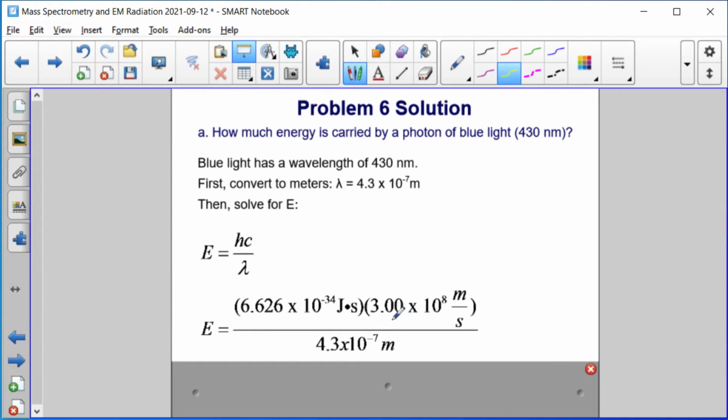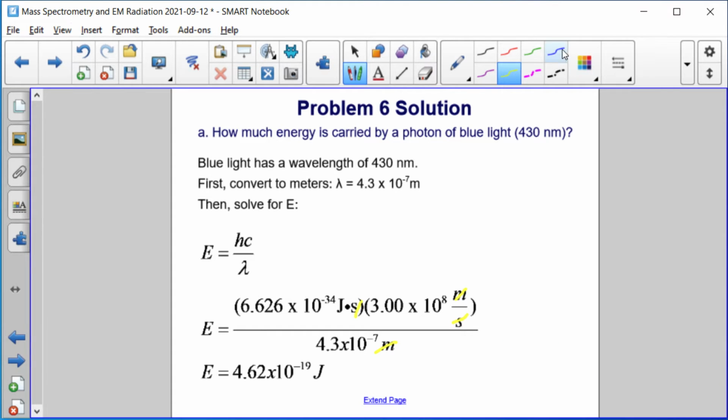And just to show a little unit cancellation here, meters and meters, seconds and seconds, and we're left with 4.62 times 10 to the minus 19 joules.